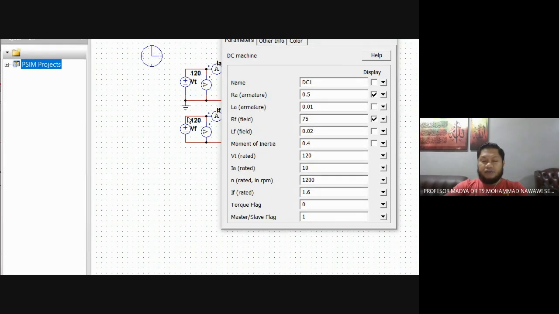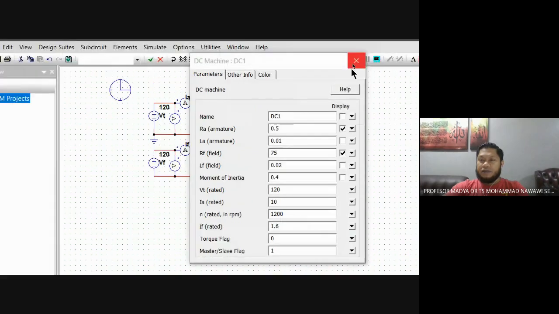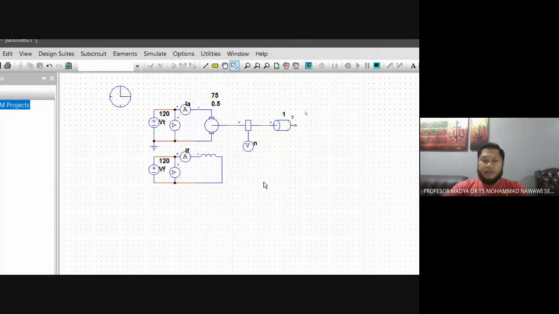So 120 volt divided by 75 ohm will give me IF equals 1.6. However, the armature current is only 1 point something. And with that voltage VT, we have 1200 RPM, so close to our 1000, just slightly above.